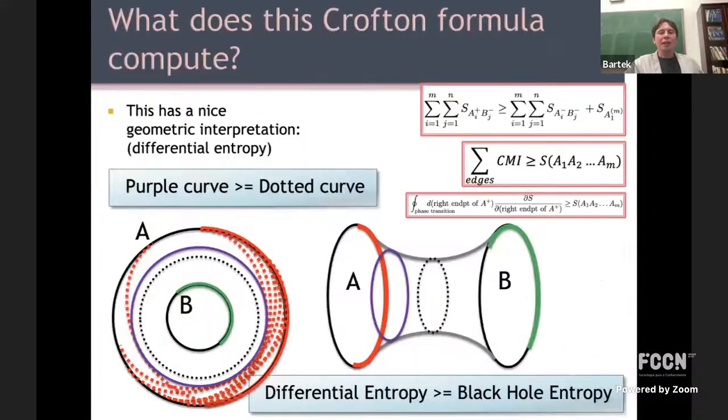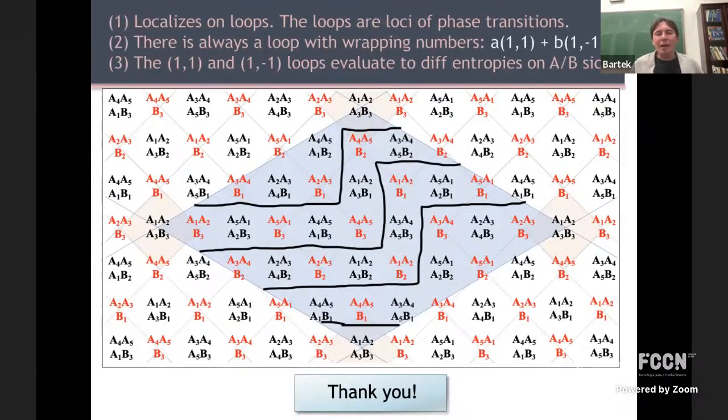Okay, so here are some other interesting facts about this thing. I already told you that the integral localizes on codimension 1 cycles on the torus. It always localizes on loops. The loops are loci of phase transitions. It turns out that there is always a loop with wrapping numbers which are combinations of (1, 1) and (1, -1) in terms of the wrapping numbers of the torus.